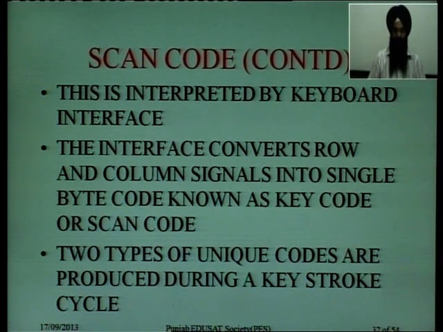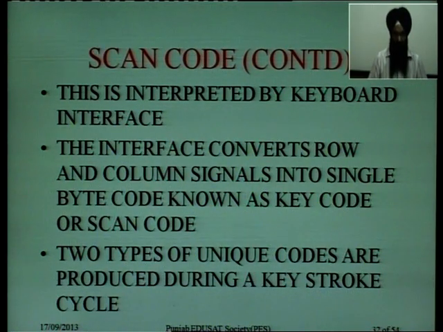And two types of unique codes are produced during a keystroke cycle. A keystroke cycle means a key is pressed and then released.